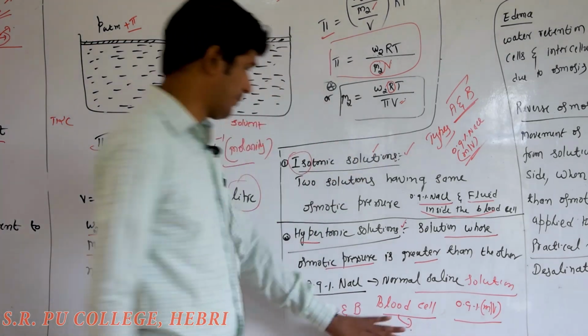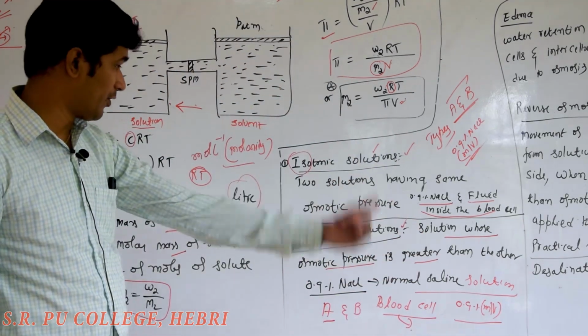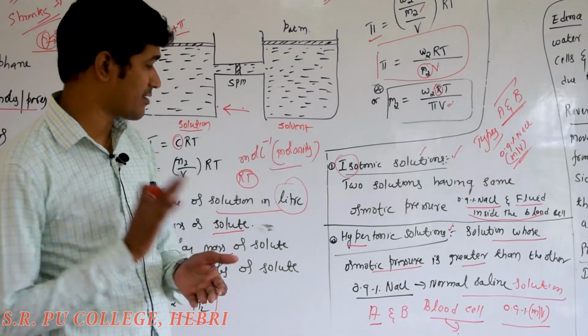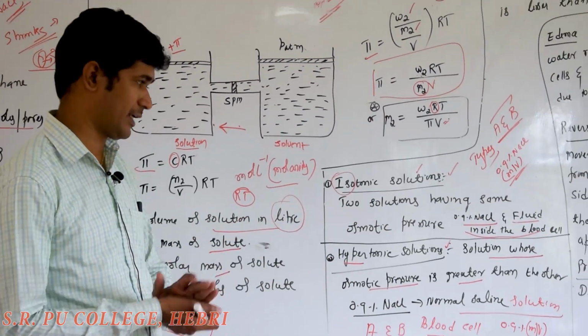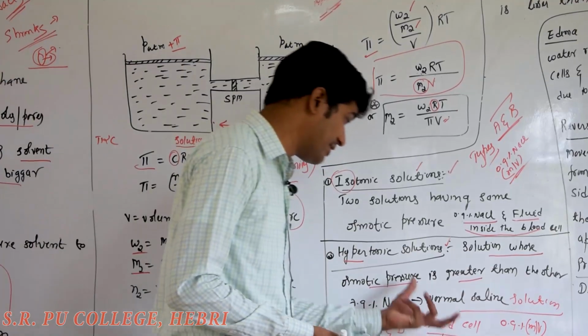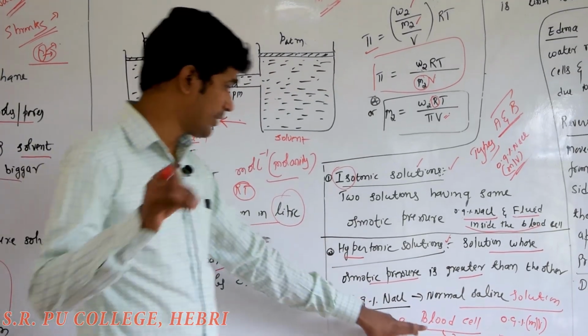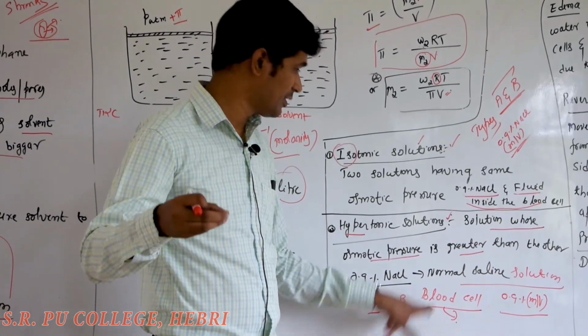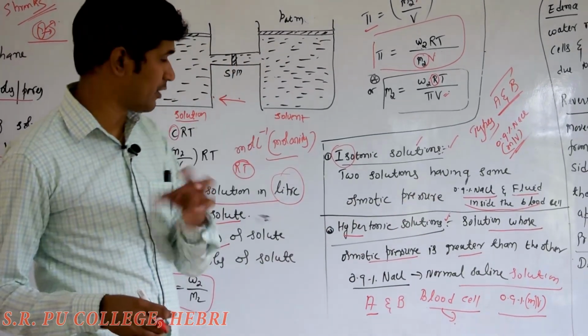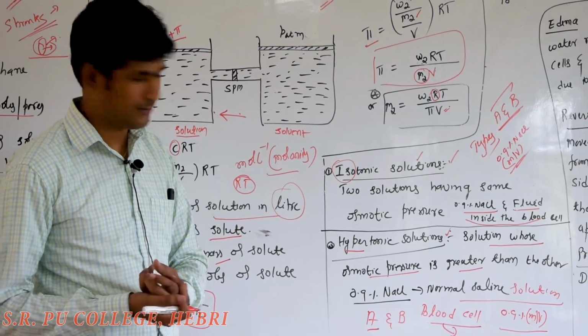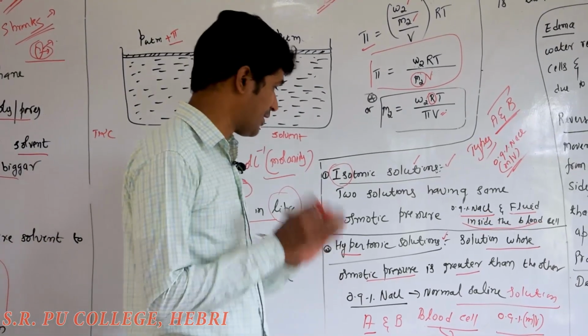The water present inside the blood cell will come out and the blood cell will shrink. This is very important. The blood cell will shrink because of osmosis. Water molecules from the blood cell come out, and because of that it loses water and it shrinks. Hope you understood. What is hypertonic?